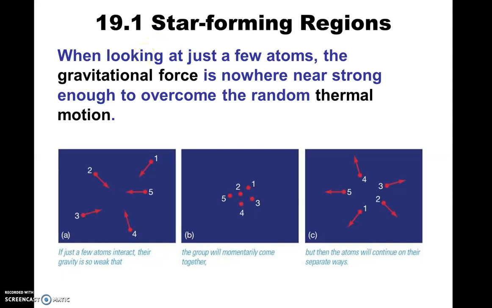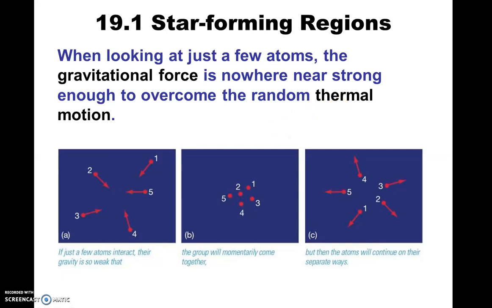And the big reason for this, let's say they're neutral atoms, so there's no electrical charge, no magnetic field to speak of. Then let's say random motion brings these objects closer together. That will cause heat, because motion is heat.